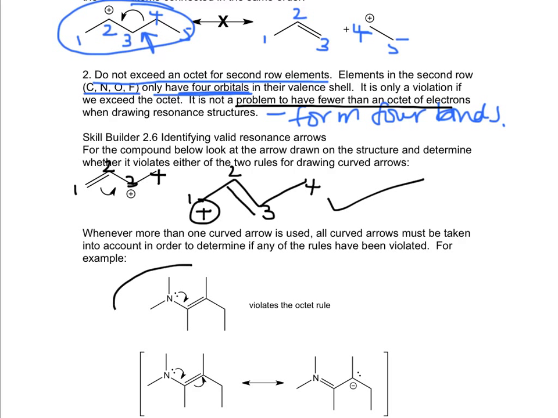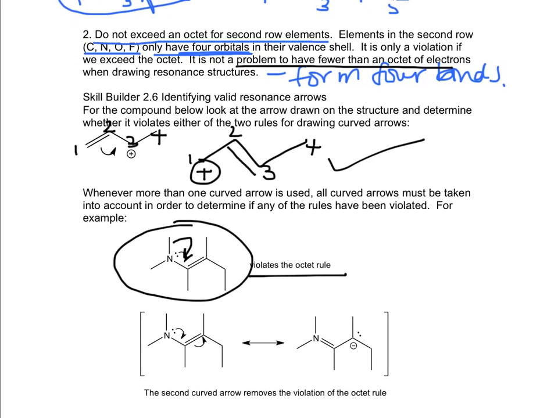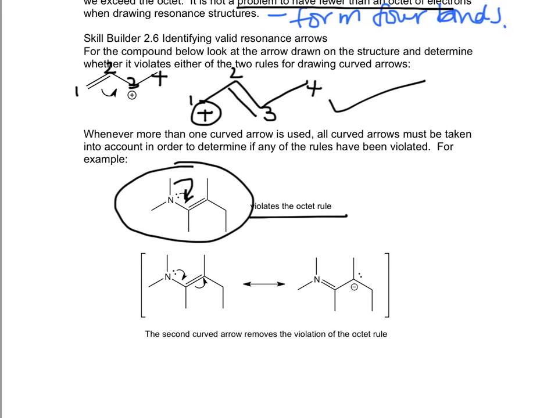If we come down to this structure here with the nitrogen with the amine, my first arrow shows me pushing the lone pair between the nitrogen and the carbon. This violates the octet rule. However, if we then push the pi electrons to the carbon and make a carbanion, we do not violate the octet rule.